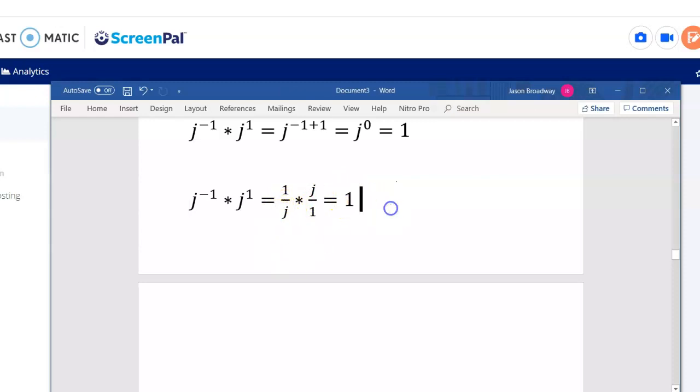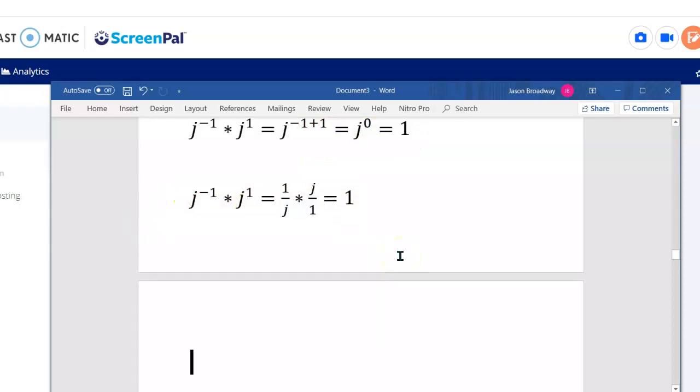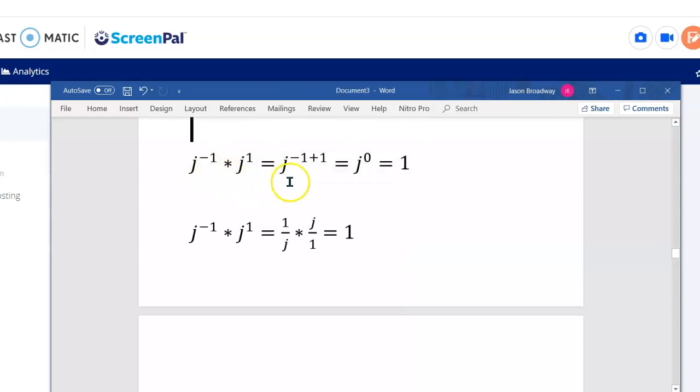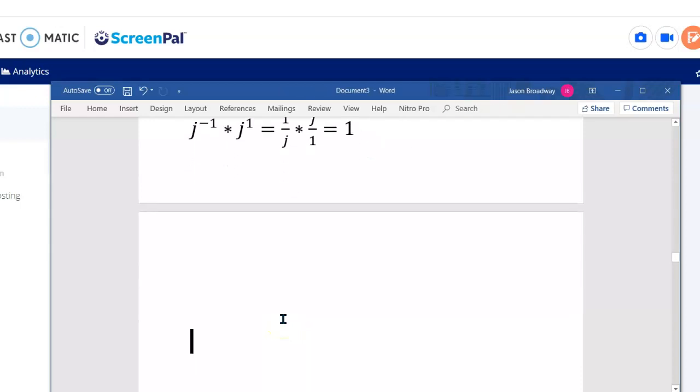We get 1. Yeah, we're in agreement, doing it the rule 1 way or doing it the classic way. So we have agreement. You can do it the rule 1 zero power way. So it's pretty cool. Rule 1 calls this good agreement.